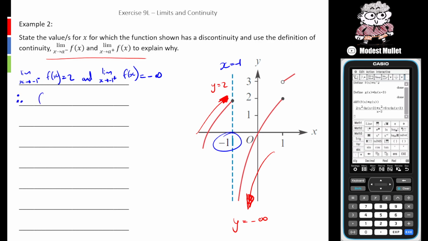Therefore f of x is discontinuous at x equals -1.